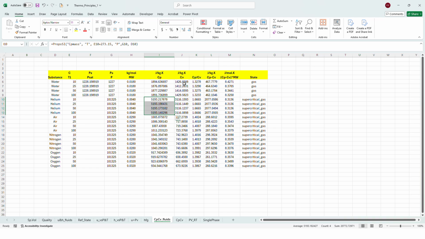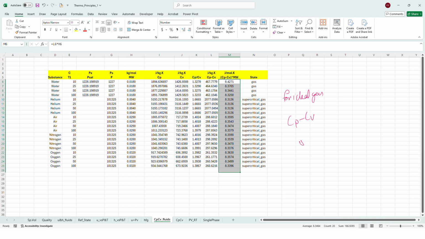Okay, but anyways, here what we have done is we have done Cp minus Cv and multiplied it with molecular weight. And if you remember, we had looked at earlier that for an ideal gas, Cp minus Cv in joules per kilogram Kelvin times molecular weight is nothing but R, which is 8.314 joules per mole Kelvin.